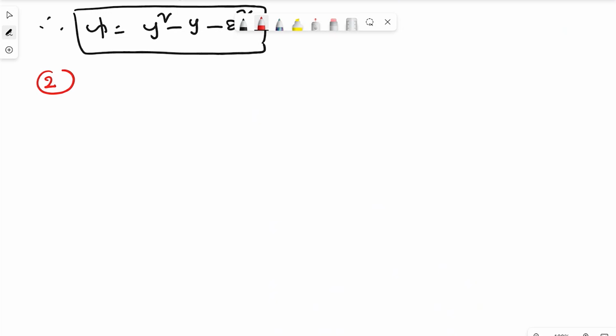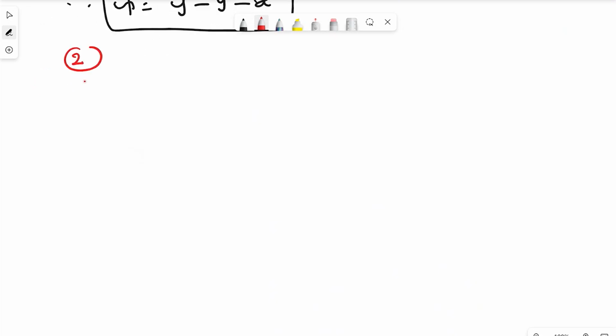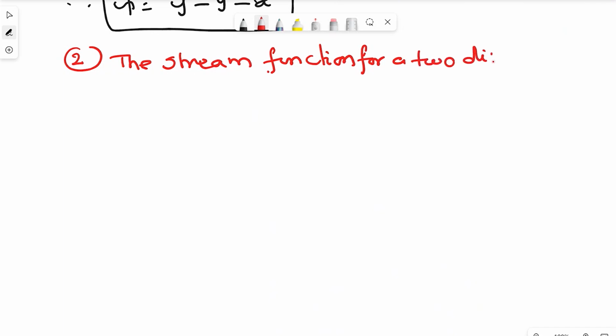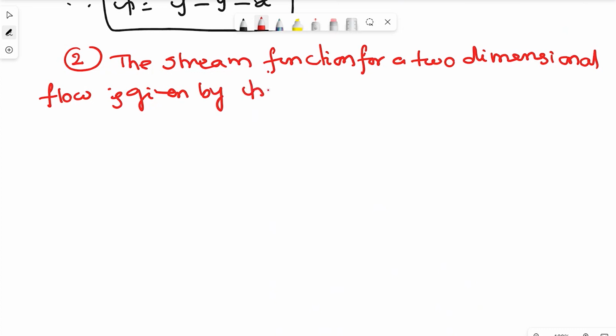The stream function for a two-dimensional flow is given by psi is equal to 2xy.